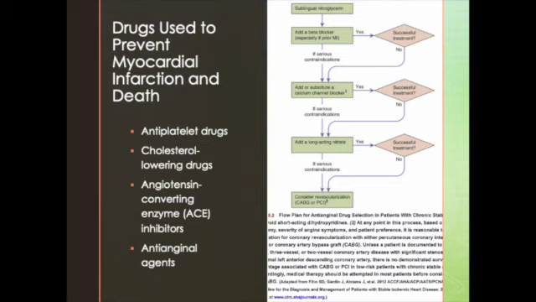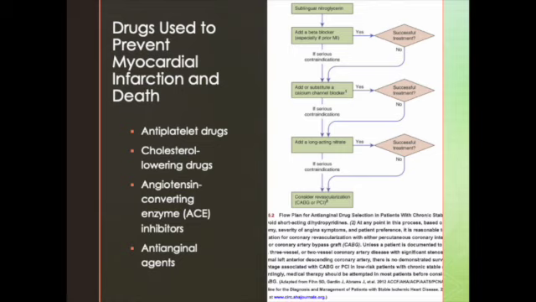And you can see with this algorithm here some ways of doing this. Giving a sublingual nitroglycerin and then adding a beta blocker, especially if someone has already had a previous MI. If that treatment is not successful or there's contraindications, we can substitute that with using a calcium channel blocker.